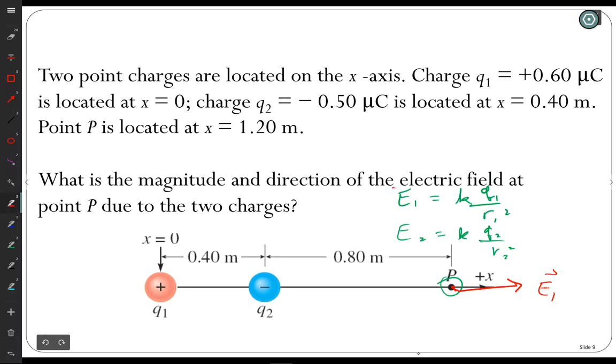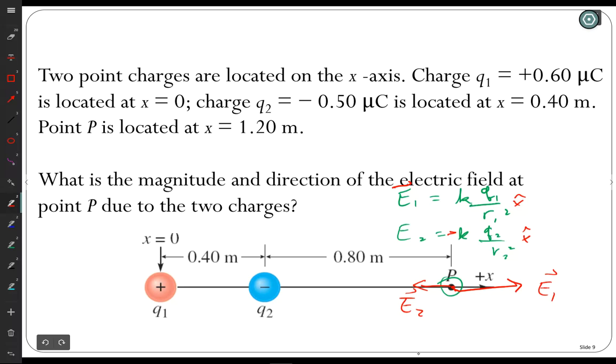So I'm going to change this into a vector by putting in the positive x direction. What about Q2? What direction will its electric field at point P be? It'll be in, which is to the left. So I'm going to make that into a vector as well.